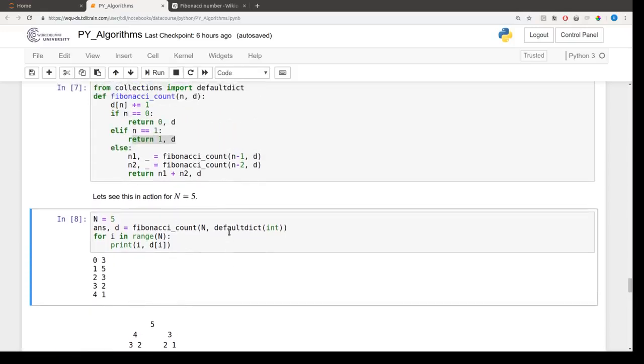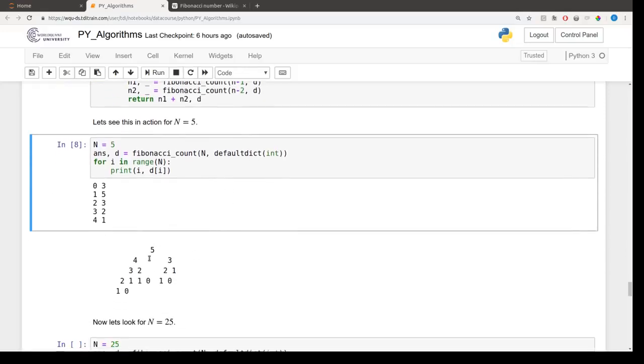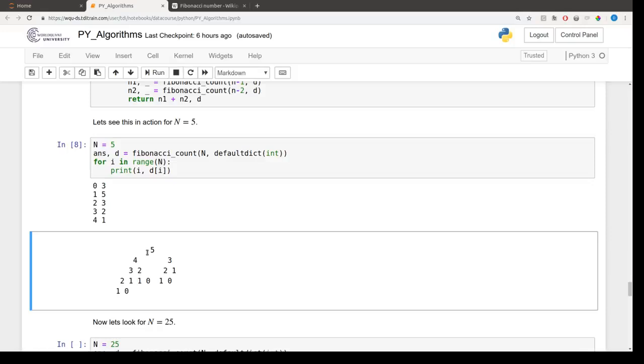And because we're making 2 recursive calls, as we step backwards through the sequence, we end up with this binary tree structure that branches out. And you can see at each level, we're getting double the amount of calls. So the number of function calls we're making is growing exponentially fast.